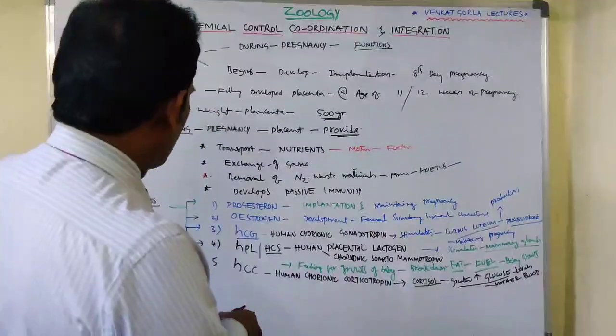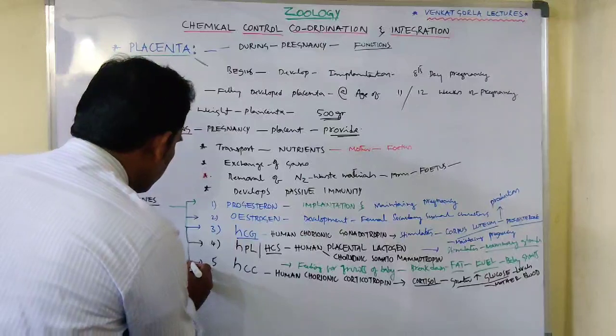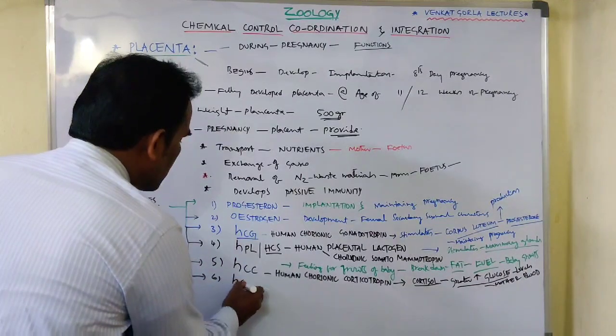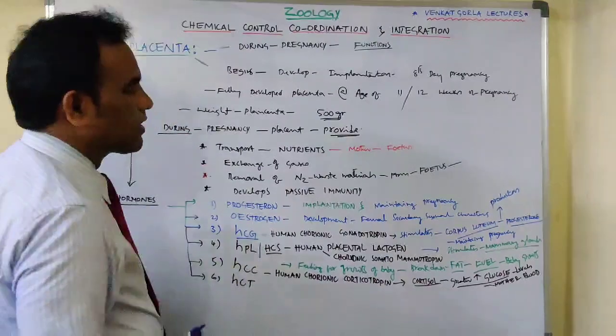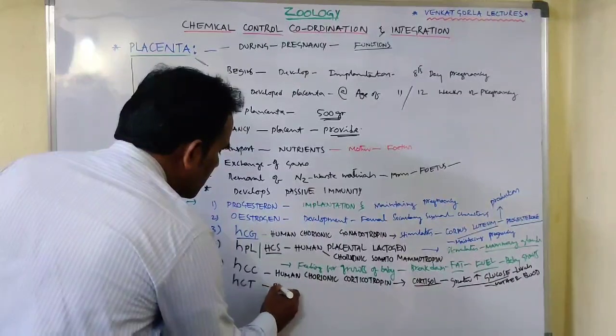And one more hormone secreted by this placenta is human chorionic thyrotrophin, HCT.